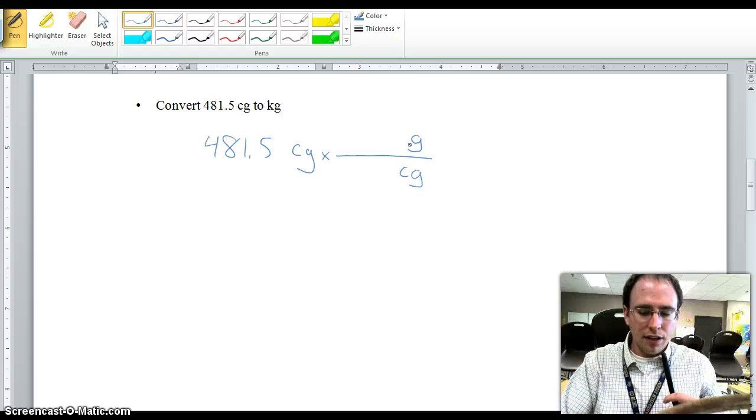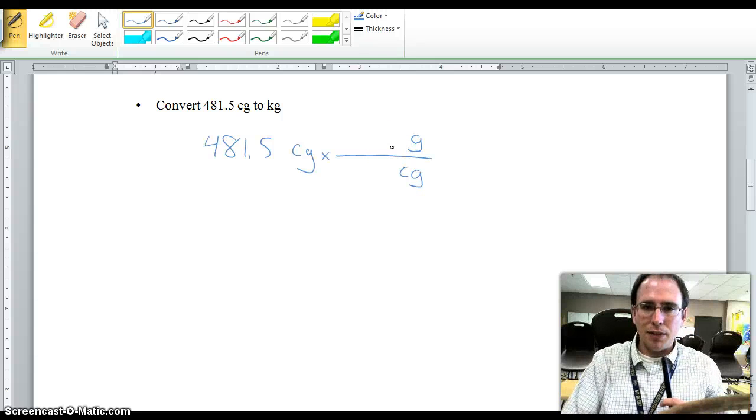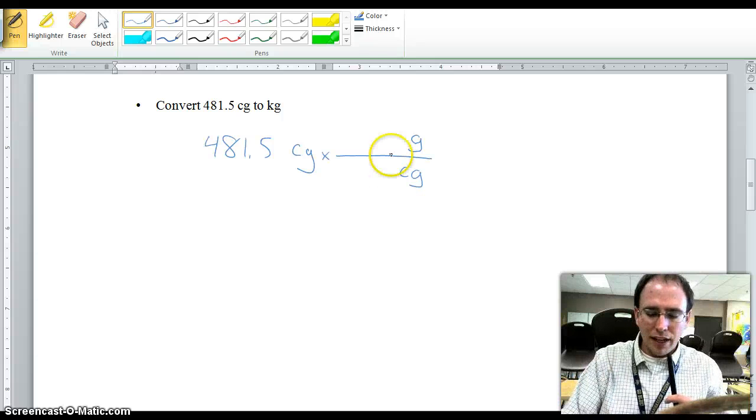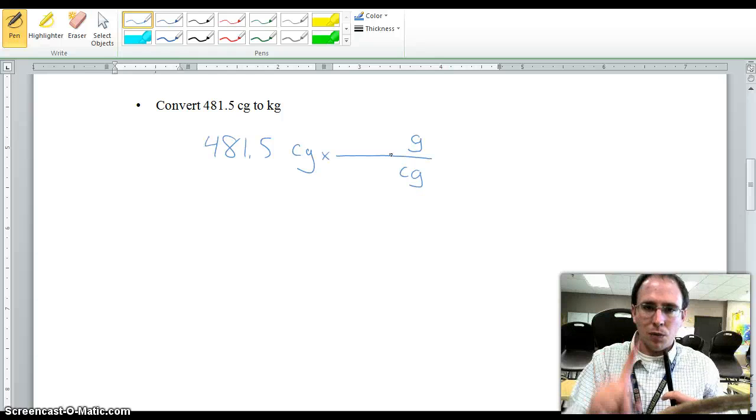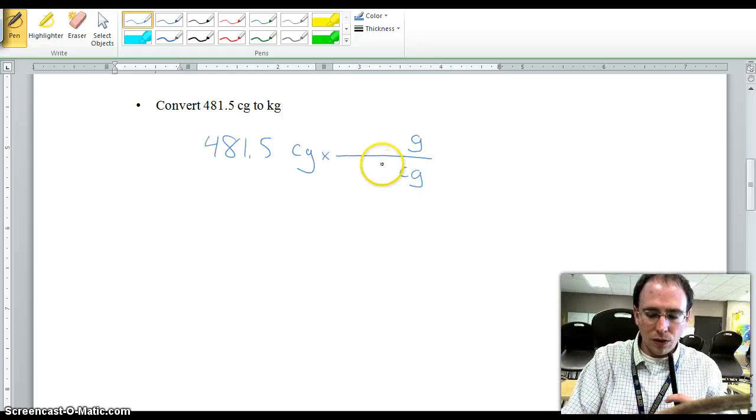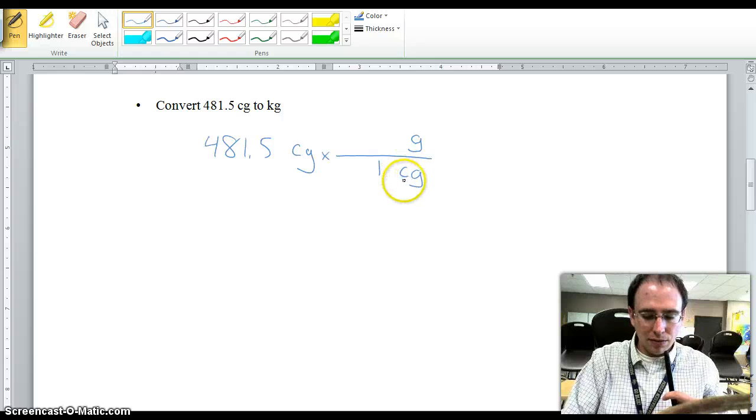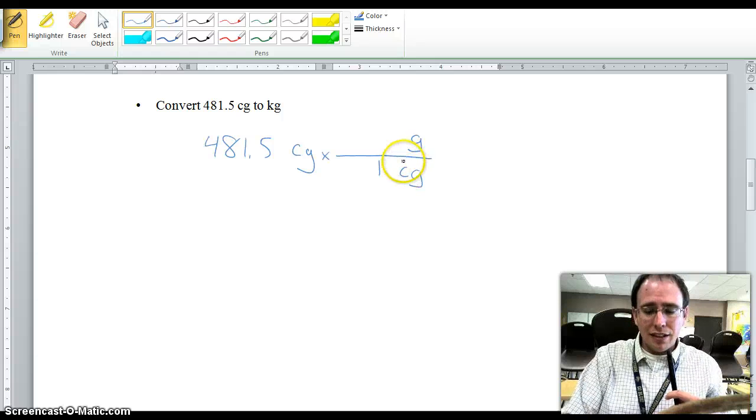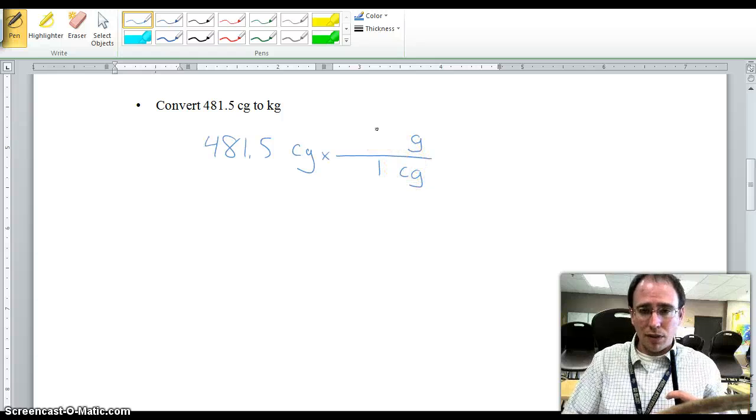And now the numbers that go in here, there are different relationships that you can put in, but like I said, the way that I'm going to go through is I will always put the number 1 next to the prefix. So 1 goes next to my prefix, centi. I'll replace centi with its number.